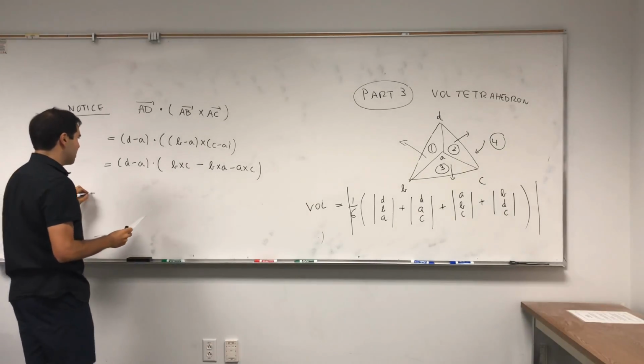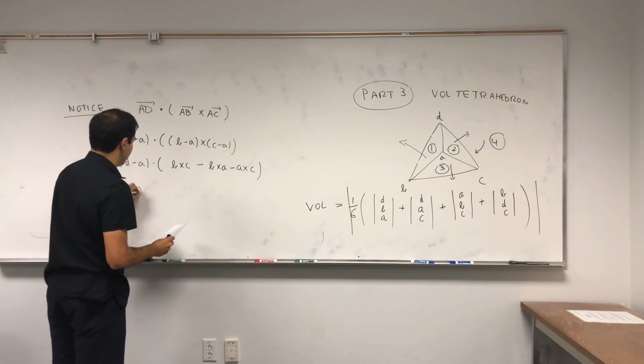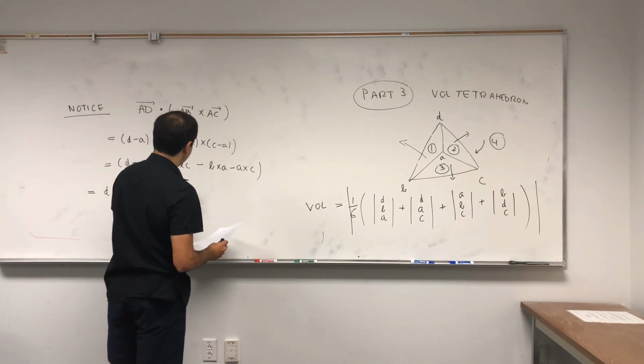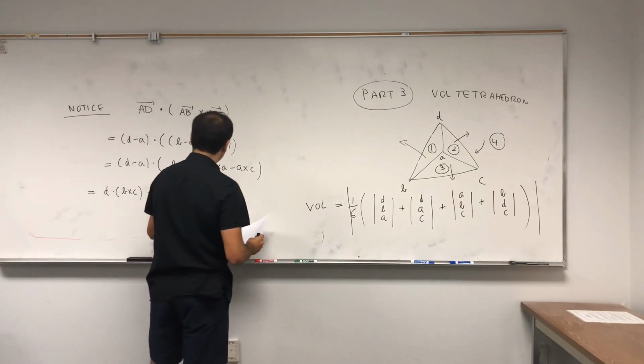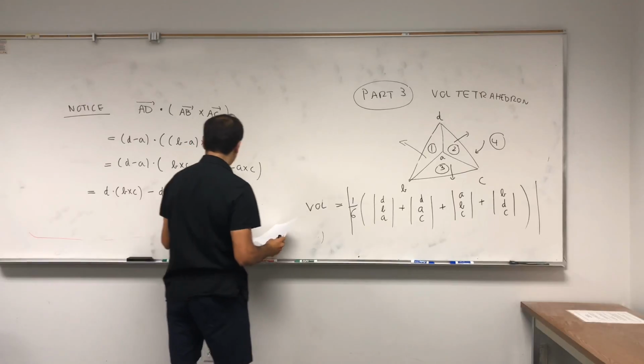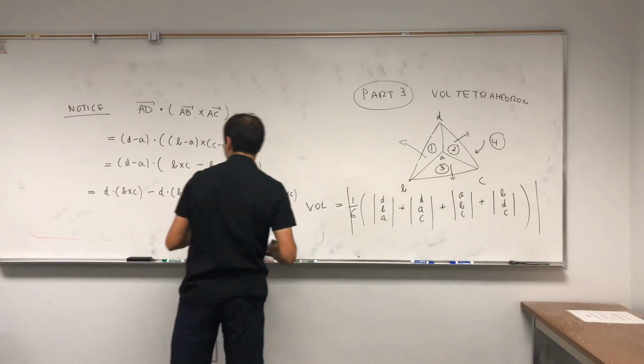And then dot that, so D dotted with B cross C minus D dotted with B cross A minus D dotted with A cross C minus A dotted with B cross C.